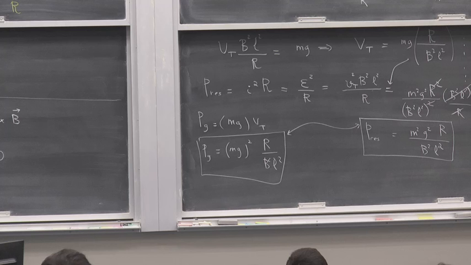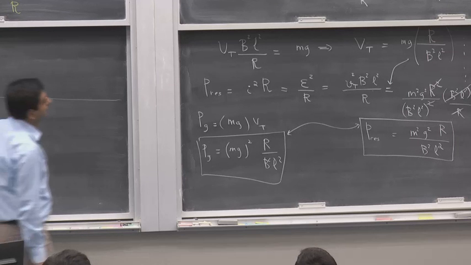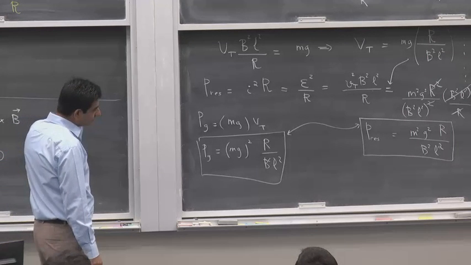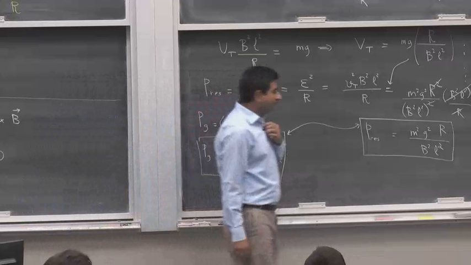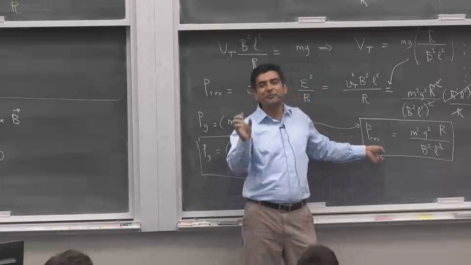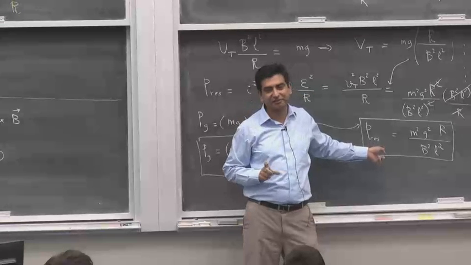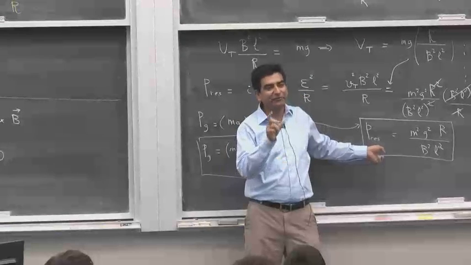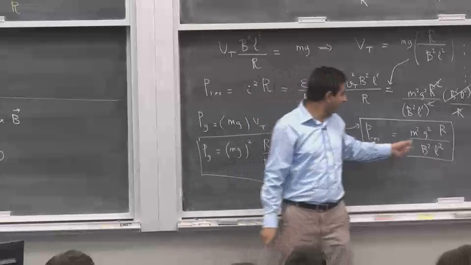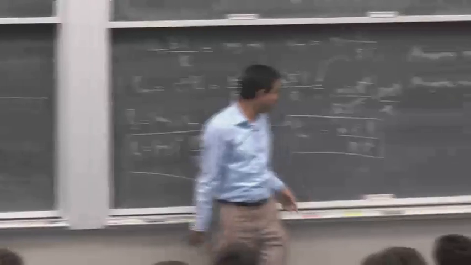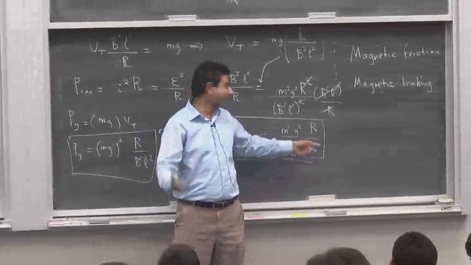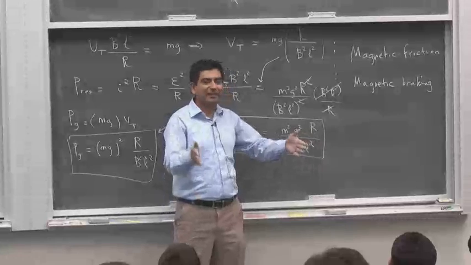Is this process efficient? Alright, so suppose you need 1 watt of power in a resistor. You can do a numerical calculation. You have an object of say half a kilogram that's falling down, and a resistor, say a 1 kilo ohm resistor, with a reasonable length of 1 meter.